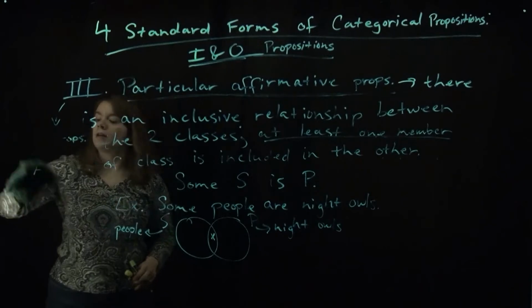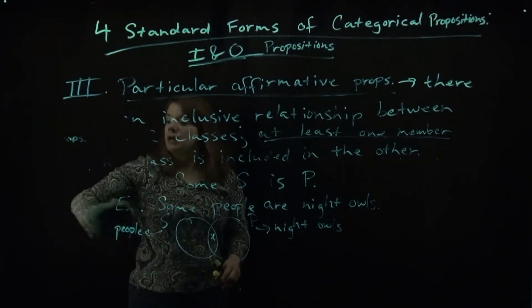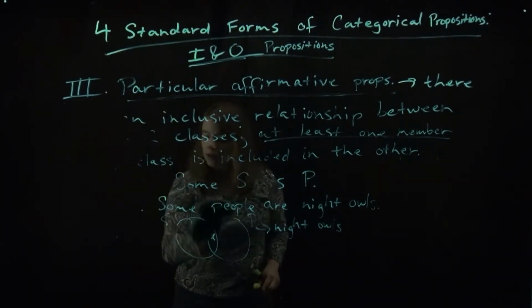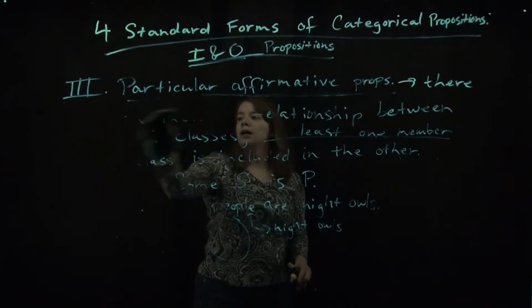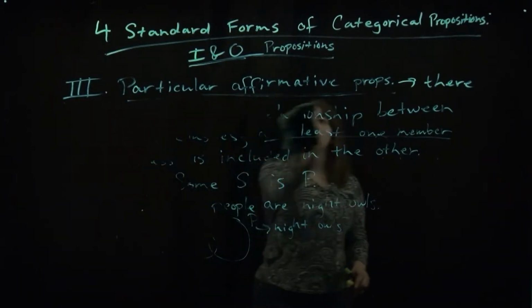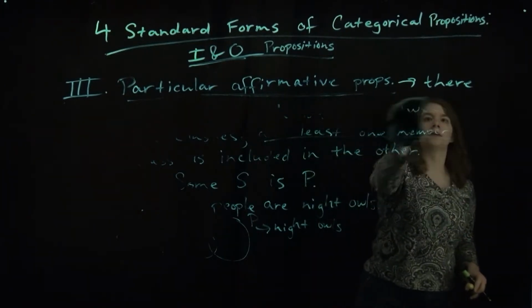Okay, so the very final form of propositions that we have are, again, particular kinds of propositions, and as you might have guessed, they are negative propositions.